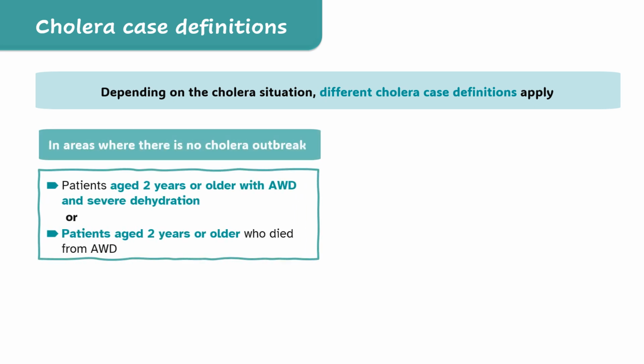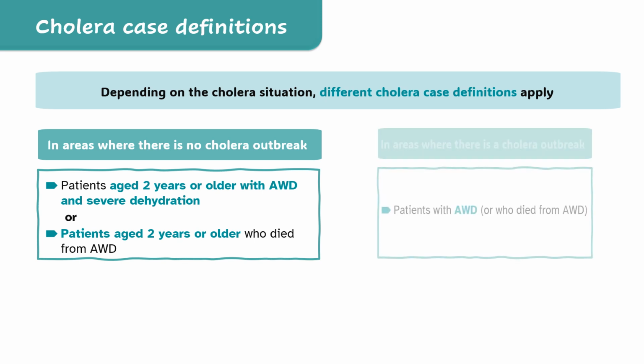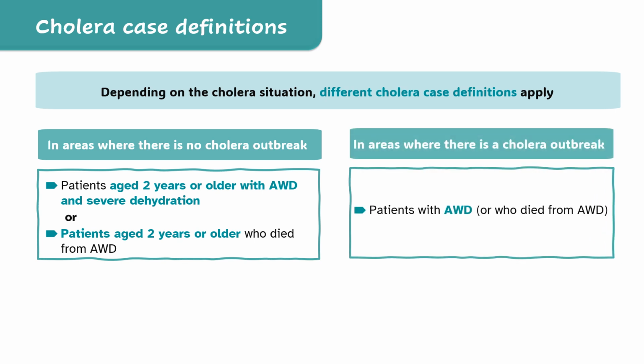In geographic areas where there is no ongoing cholera outbreak, suspected cholera cases are patients aged 2 years or older with acute watery diarrhea and severe dehydration, or patients aged 2 years or older who died from AWD.